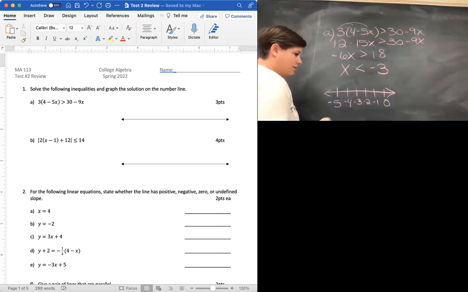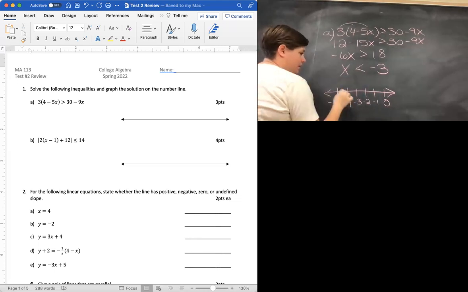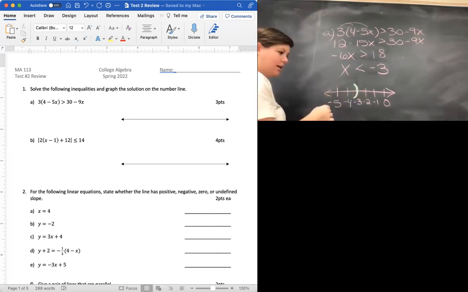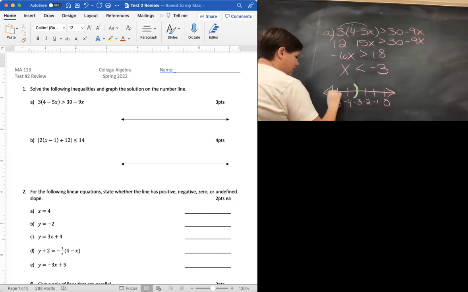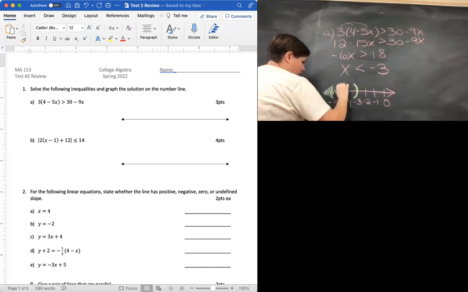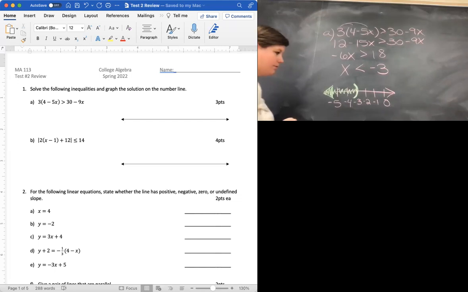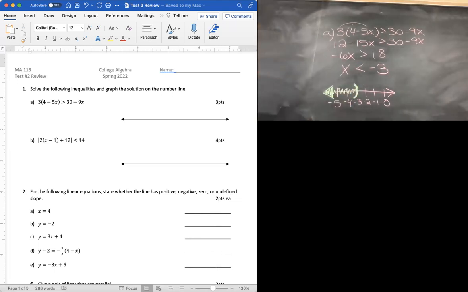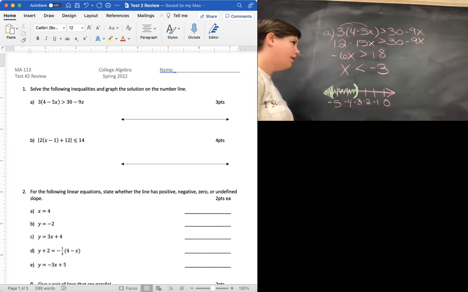And I do that by putting a parenthesis at -3, and I'm opening it towards the negative side because x has to be less than -3. And then it's anything there. Because x is less than -3 means we can get really close to -3, but we don't include it because it's simply less than. And that's how you would do that problem.